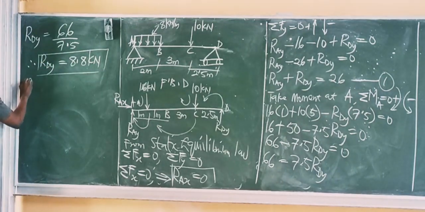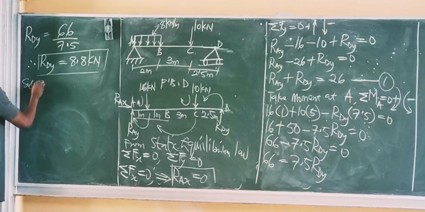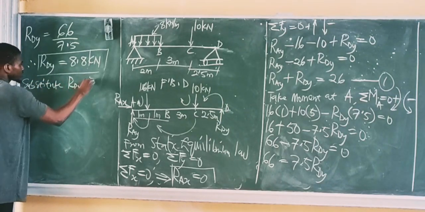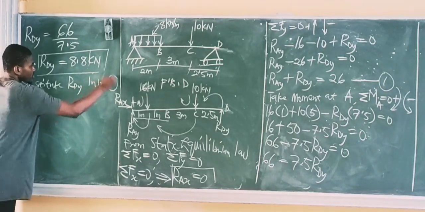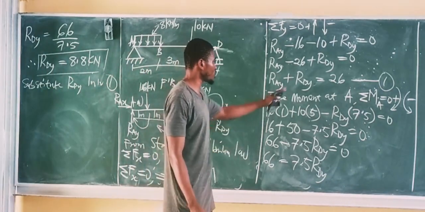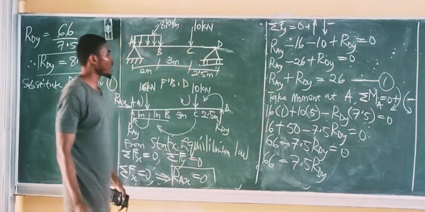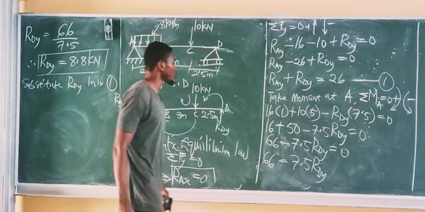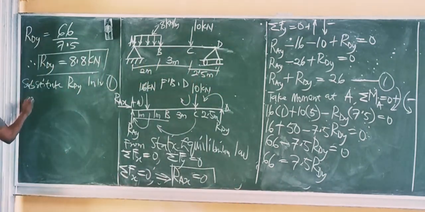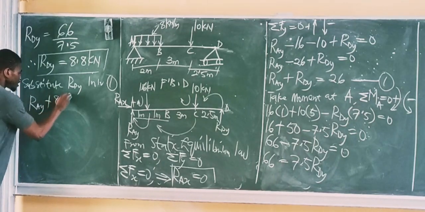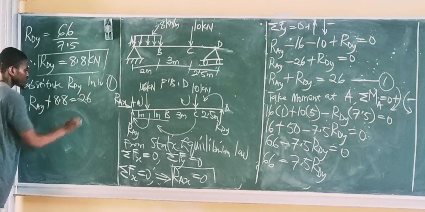So simply substitute this reaction RBY into equation 1. So that will help us to find the value of RAY. So we simply have RAY plus, in place of RBY, we have 8.8, and that's equal to 26.